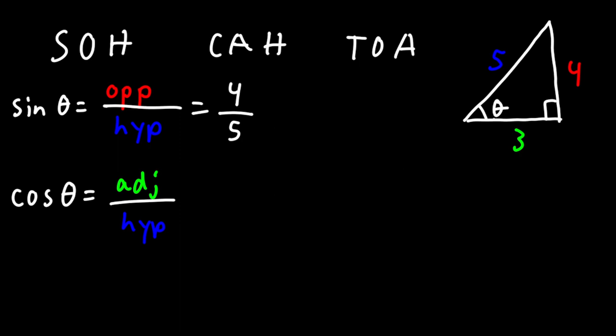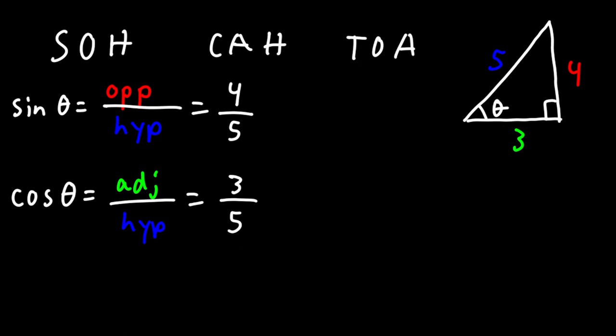So what's the side that's right next to theta that's not the hypotenuse? The side right next to theta that's not the hypotenuse is 3. So 3 is adjacent to theta. So this is 3 over the hypotenuse 5. So cosine of theta equals 3 over 5.